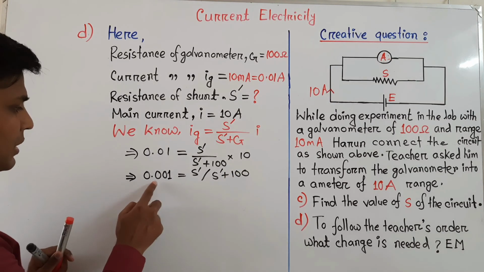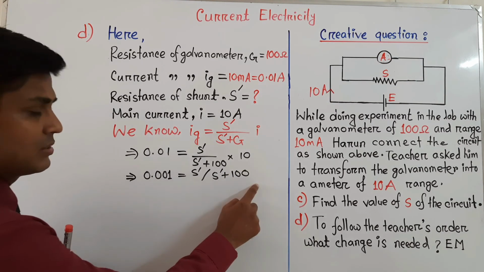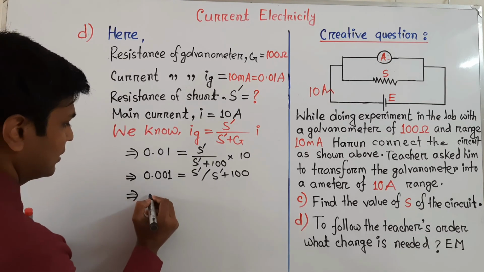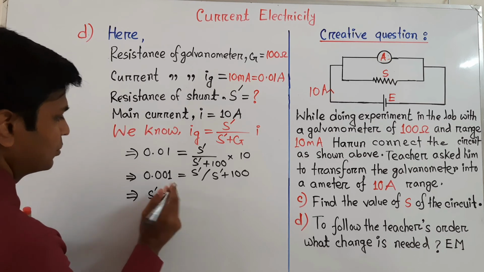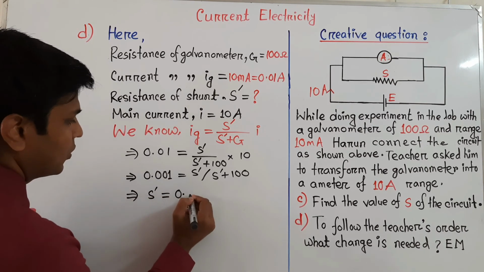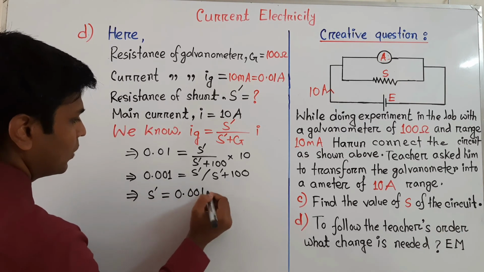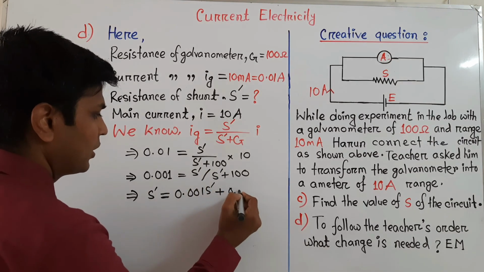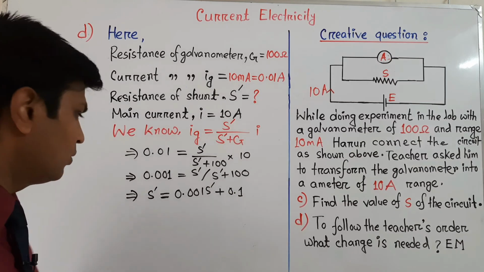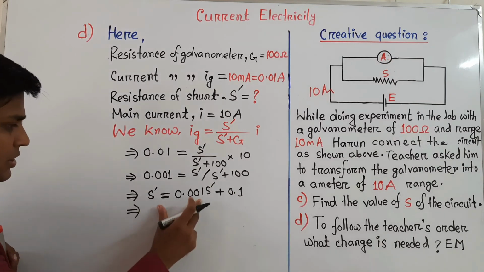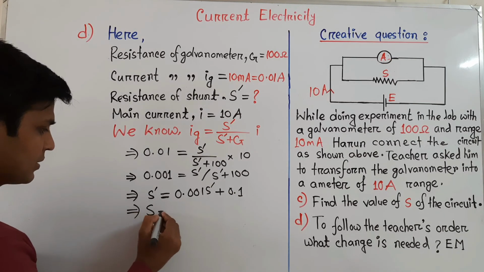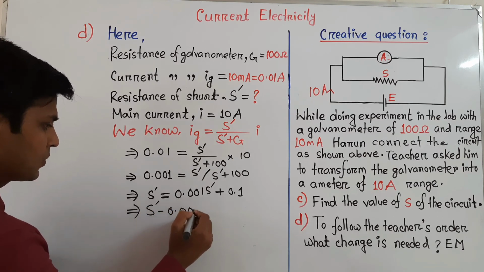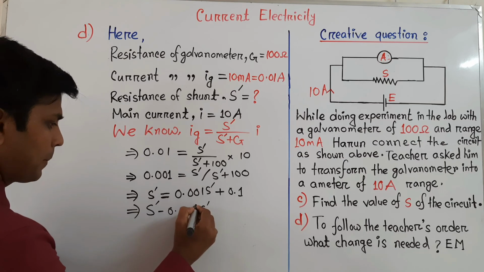Now if you multiply 0.001 with this term, our expression will be S prime equals 0.001 S prime plus 0.1. Now if we change this position, S prime minus 0.001 S prime equals 0.1.